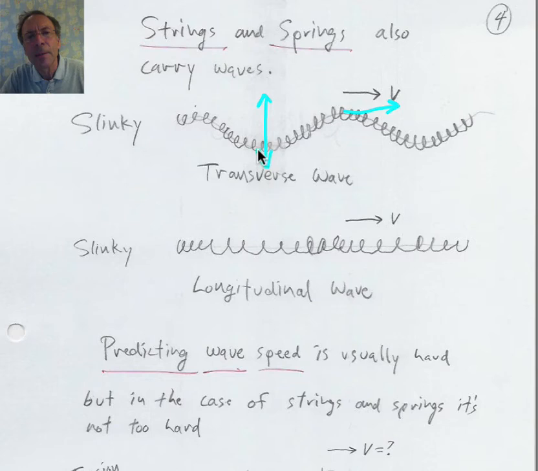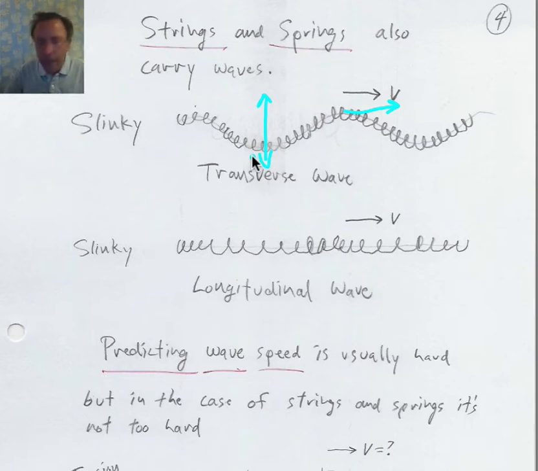But there are two options. Up and down is one option, and towards and away from you is another option. So this up and down would be called vertically polarized waves, and going sideways, towards and away from you, that would be called horizontally polarized waves.